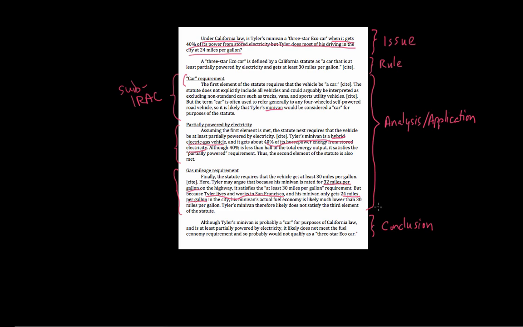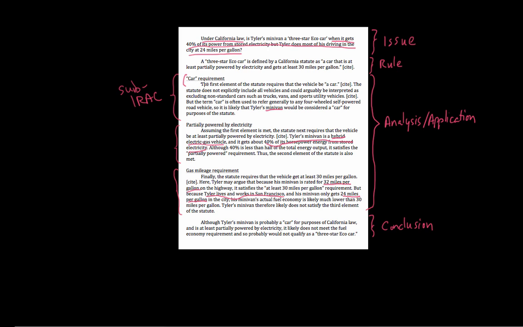Now the last thing that I'm going to point out about this sample memo is the use of headings and transitions to make the reader's job easier. This heading isn't just to help identify the issue for this sub-issue.